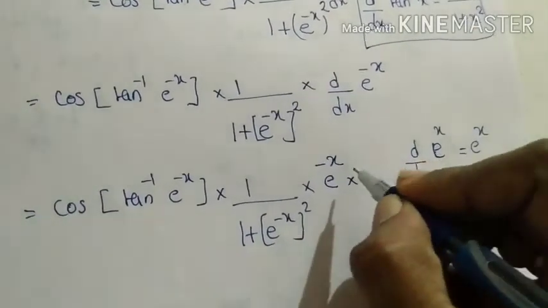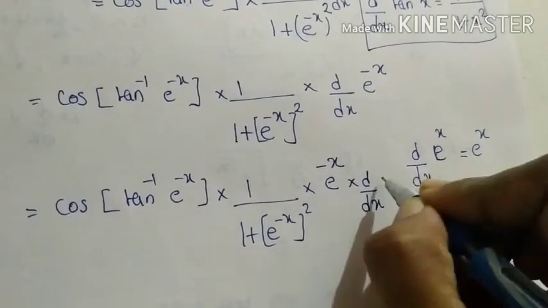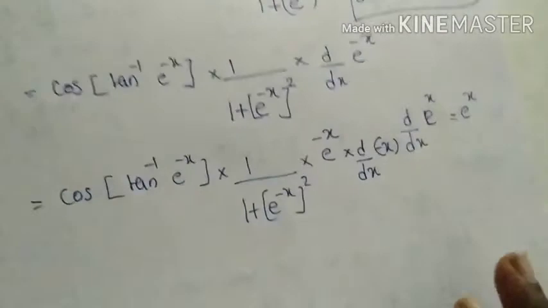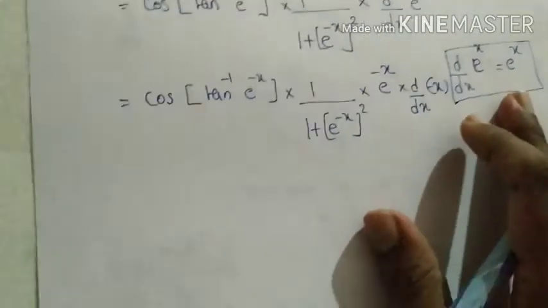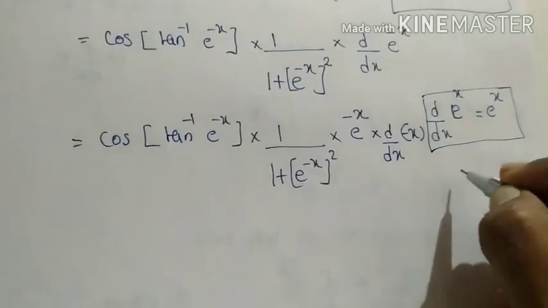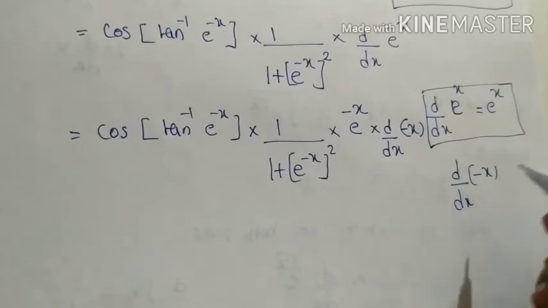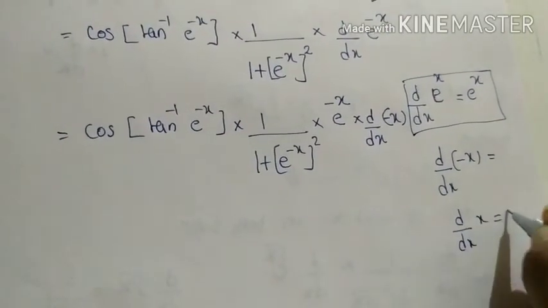So we need to find the derivative of minus x and multiply with this, which will lead to the final answer. Okay. And what will be the derivative of minus x? We know that the derivative of x is 1.